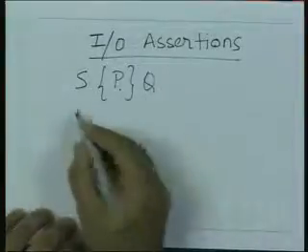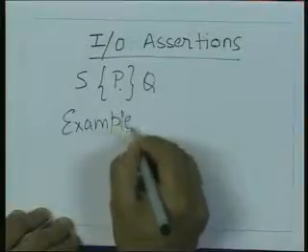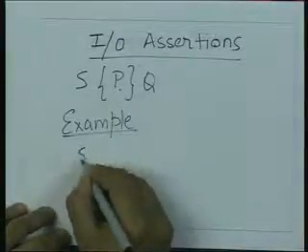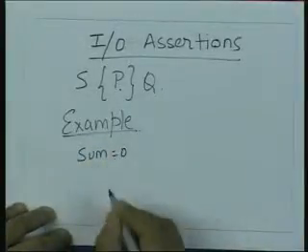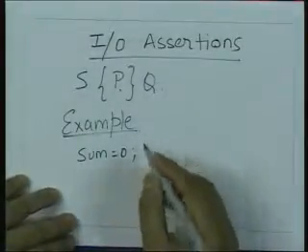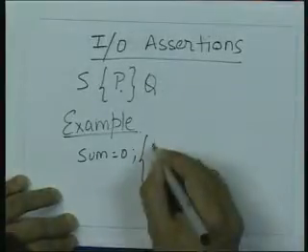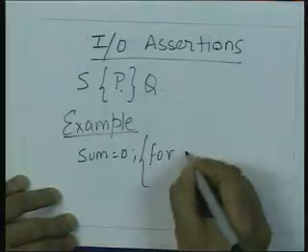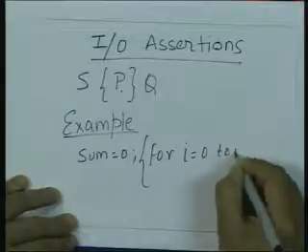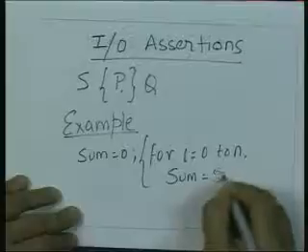So an example of an I/O assertion, which is a way of formally modeling software, can be that we have sum equals 0 as the precondition, and the program that is going to run says for i equals 0 to n, sum equals sum plus a_i.